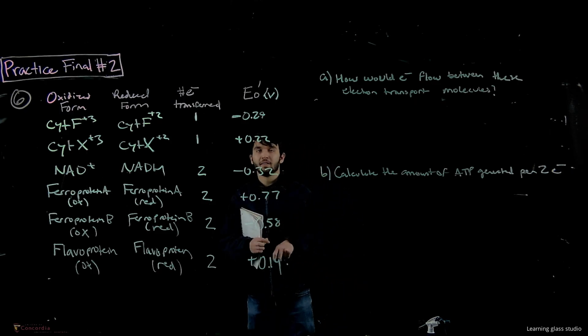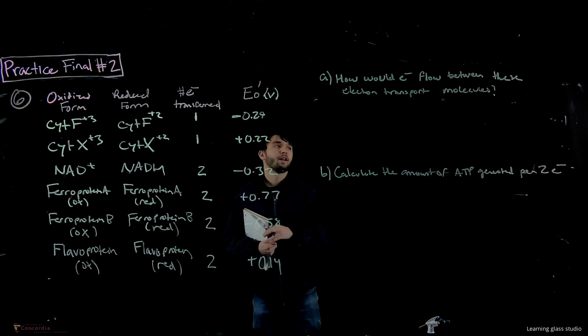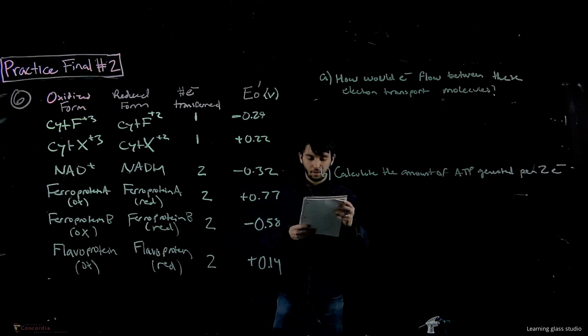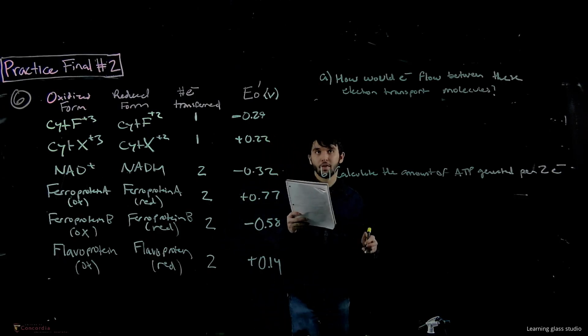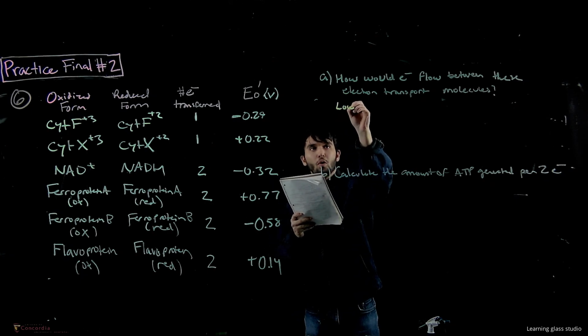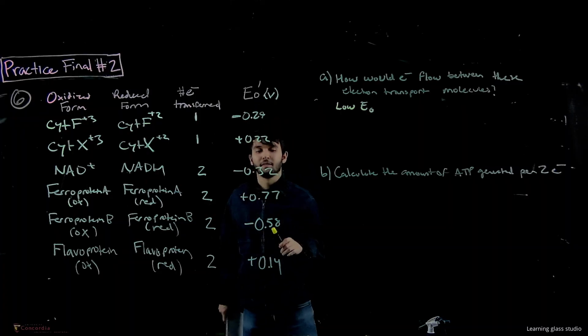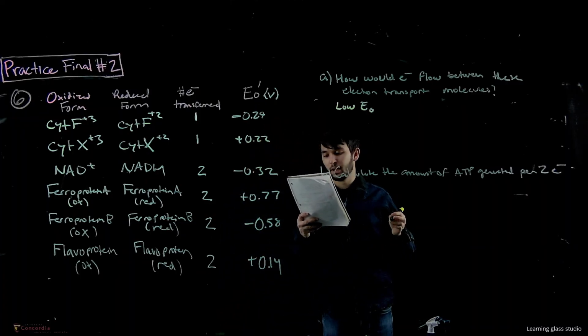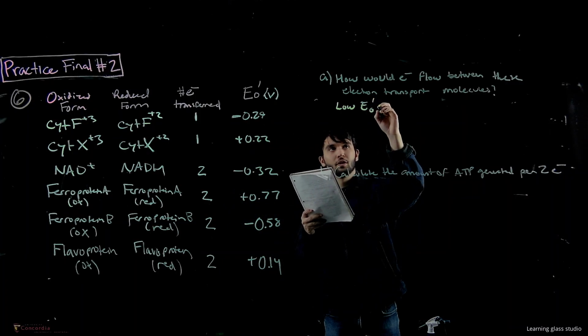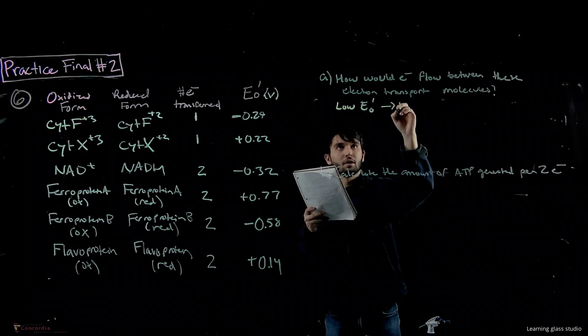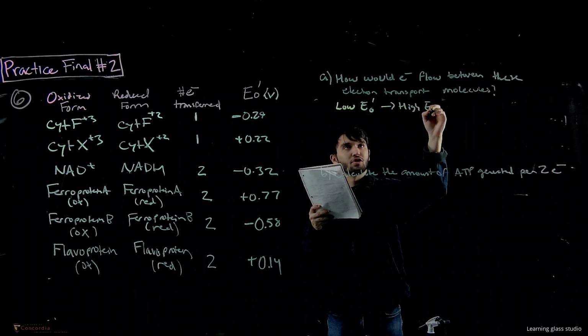So essentially the rule to determine how electrons are going to flow is that they go from low, and what we're given here is the standard reduction potential, to high standard reduction potential.